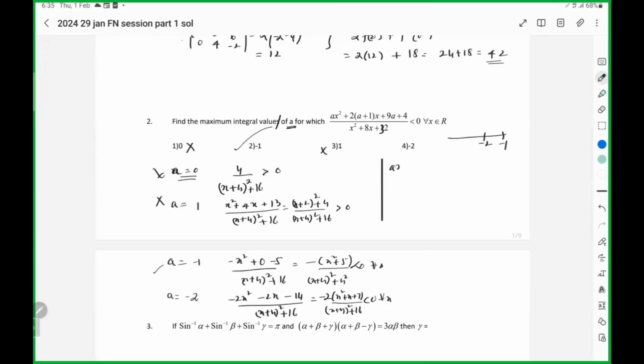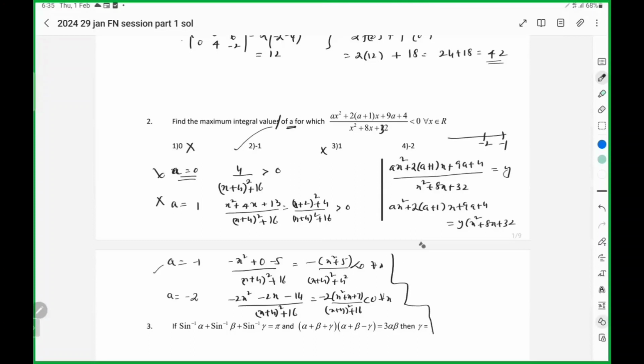Our traditional way of answering this: ax square plus 2 times a plus 1 x, 9a plus 4 by x square plus 8x plus 32, take it as y. ax square plus 2a plus 1 x plus 9a plus 4 is y into x square plus 8x plus 32.